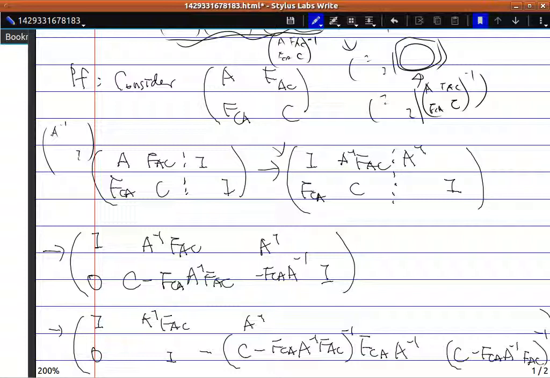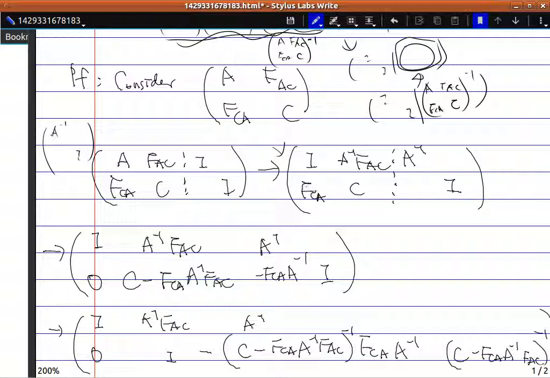So now I just do this row operation. Basically, I take A inverse here and multiply by A inverse for the first row. Remember, I can do that because FAC here has the same number of rows as A. Be careful that I cannot multiply A inverse to, for example, FCA here.